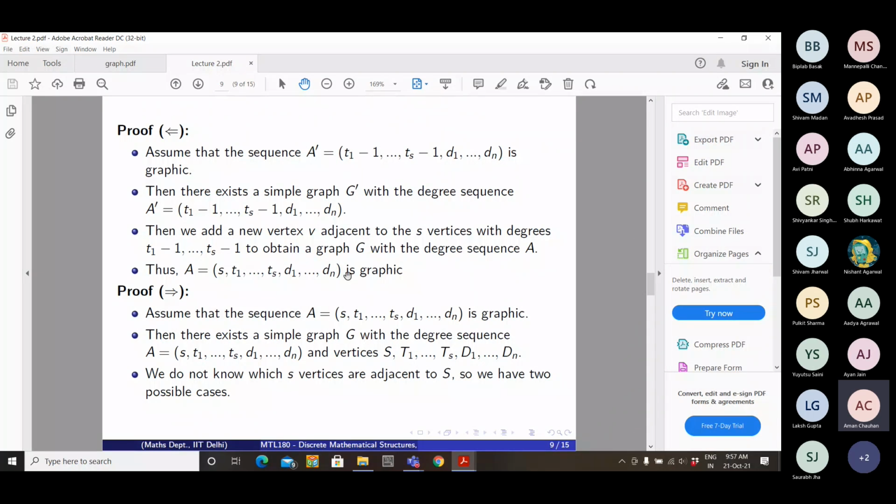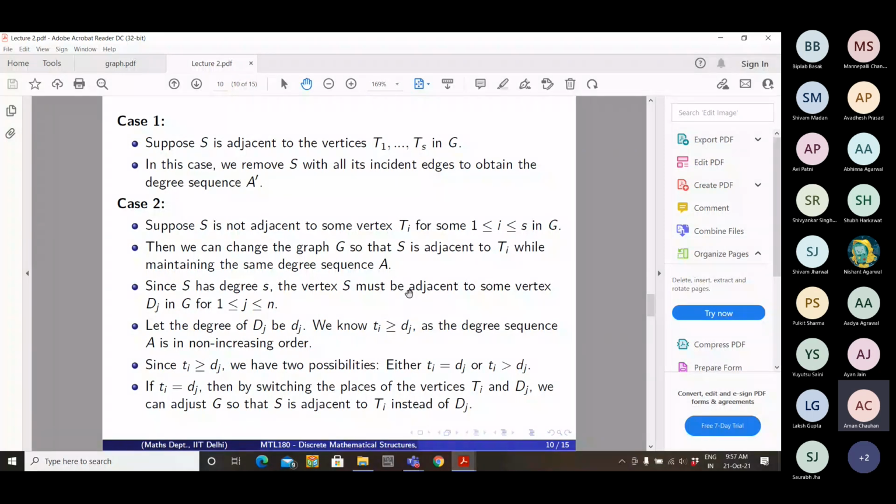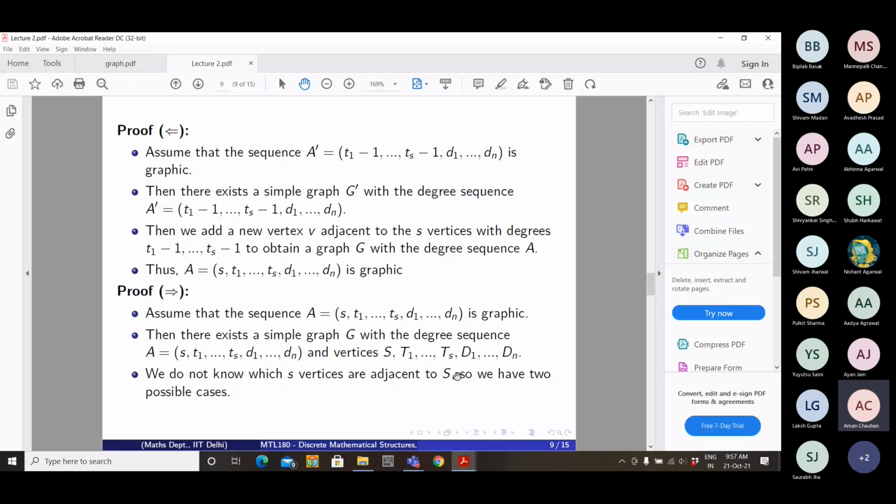But suppose S is not adjacent to some vertex Ti in the list T1 to Ts.